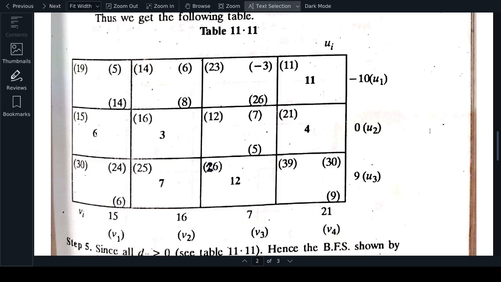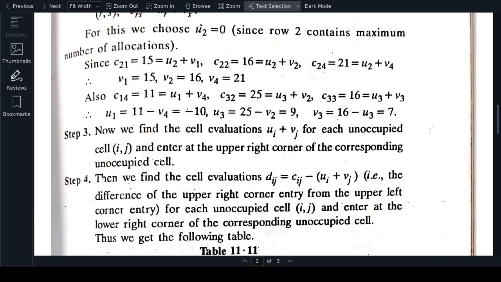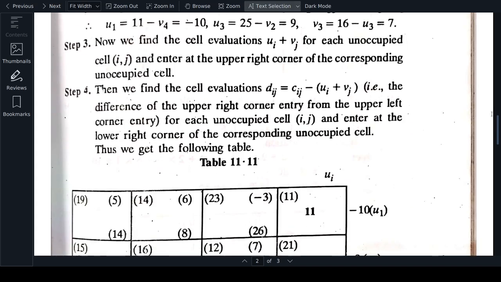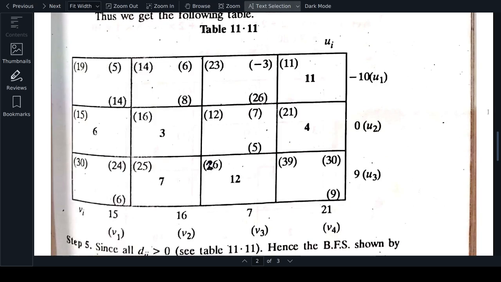These are the occupied cells. So we calculate from these occupied cells. First we consider the ones with U2, because U2 is 0, so we get the value directly. Otherwise we get an equation and after this we substitute, then we get the value.